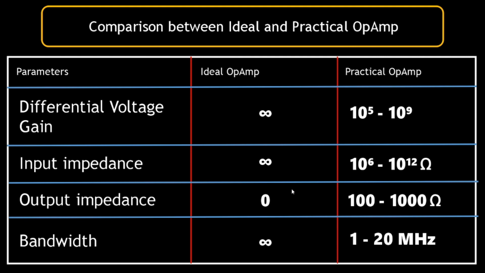The output impedance of an ideal op-amp is 0, but for a practical op-amp, it is nearly 100 to 1000 ohms. And the ideal op-amp has a bandwidth of infinity, but in case of a practical op-amp, the bandwidth is from 1 to 20 megahertz, which is really high. So these are just numbers which must give you a basic idea about what is practical and what is ideal.